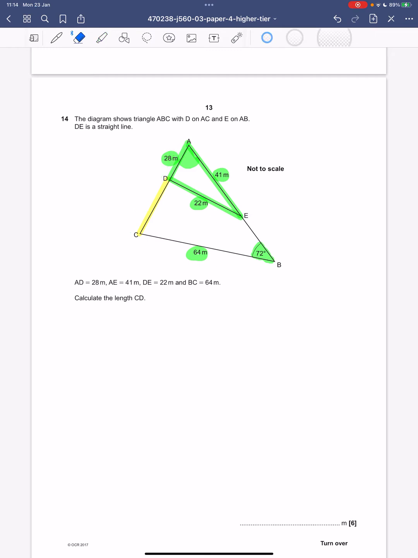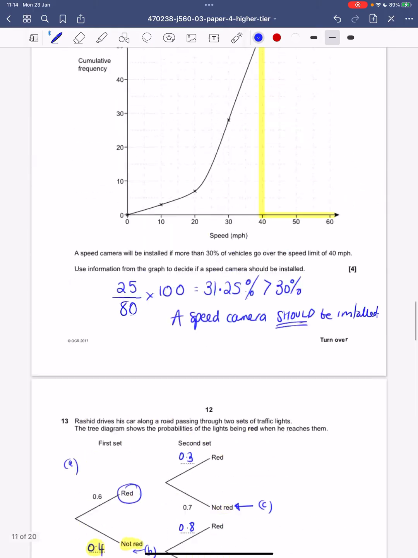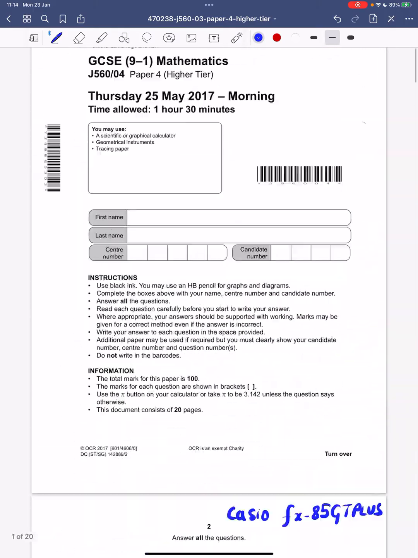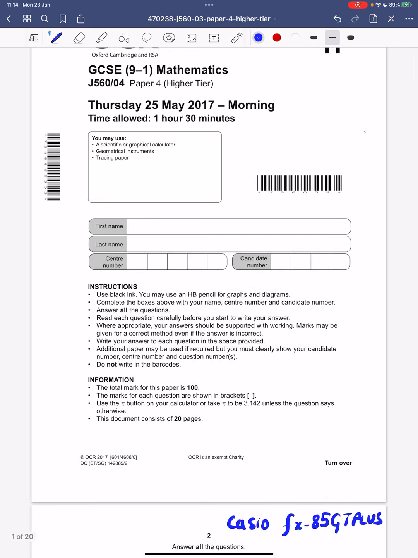So I'm going to start with this triangle here, and I'm going to work out this angle A. Now, if you remember, a squared equals b squared plus c squared minus 2bc cos A. You need to remember that. In the old days, they used to have that in the formula sheet. Let's have a little look here.